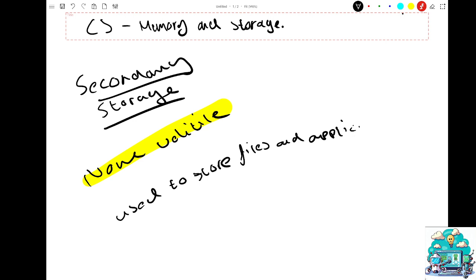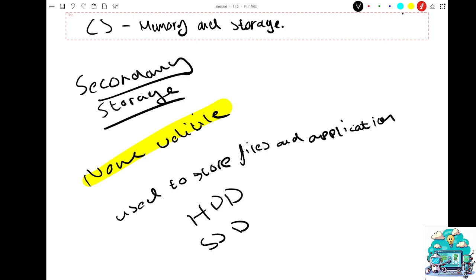What this means is that when you have a file and you want to save it, you can save it onto your local hard drive, your HDD or SSD, and that allows us to save our progress so we don't have to go back and do it again.